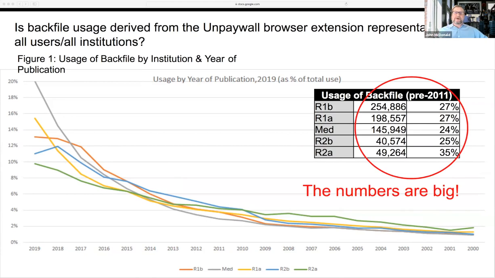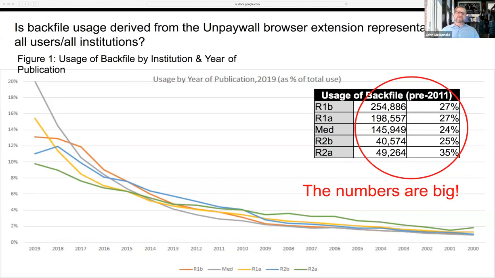But what we want to point out is that the usage of the backfile overall, still, these are big numbers. So we're looking at, for the 1 R1, 250,000 articles in 1 year were used from the backfile. For the other R1, nearly 200,000, and then down to our R2s, right around the 50,000 mark. And then in the table there, that's the percentage of total use.